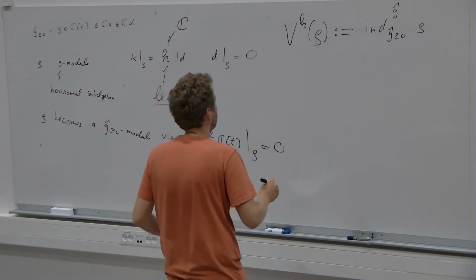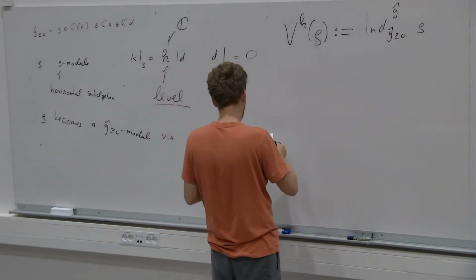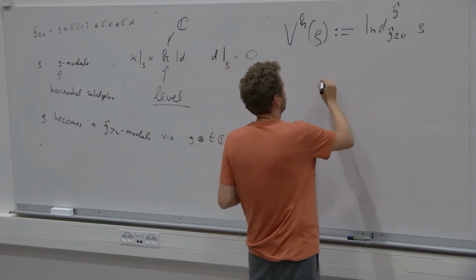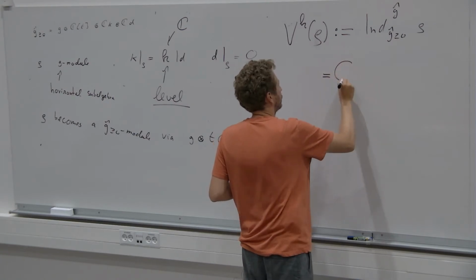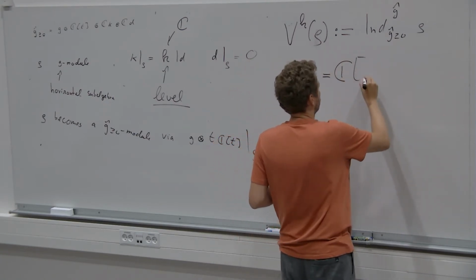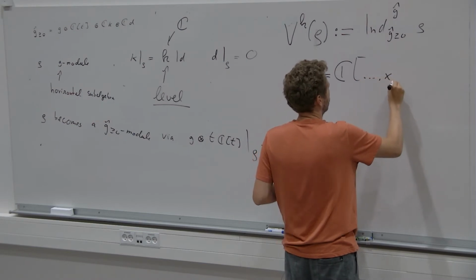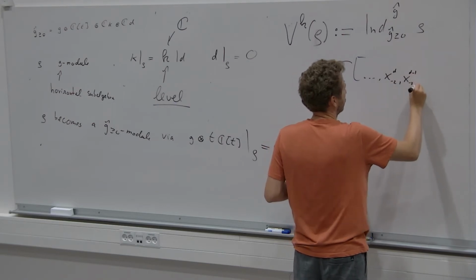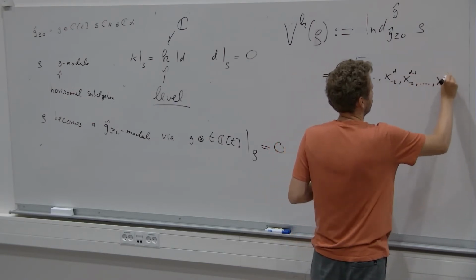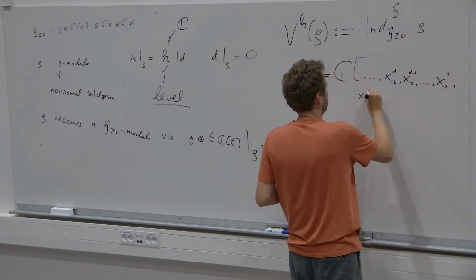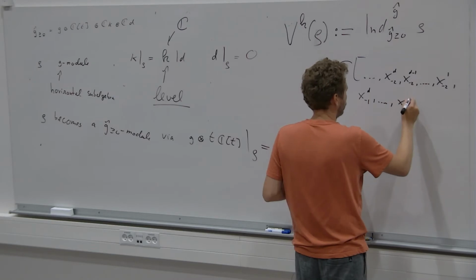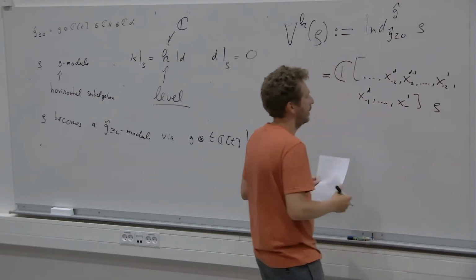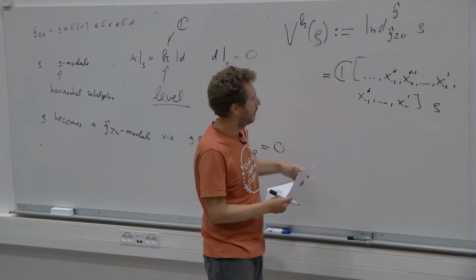So in particular, as a vector space, it's just the polynomial ring.